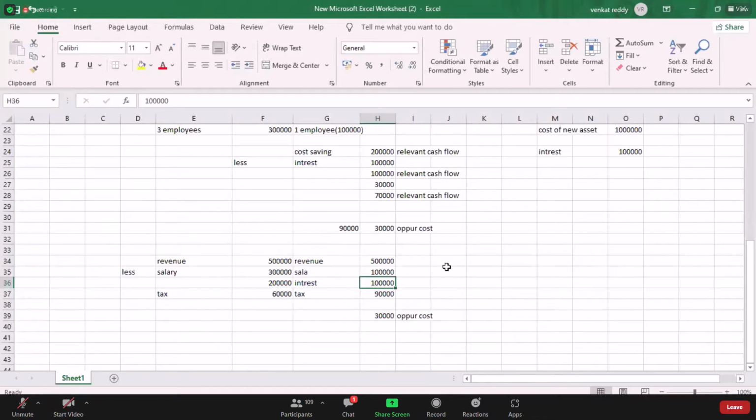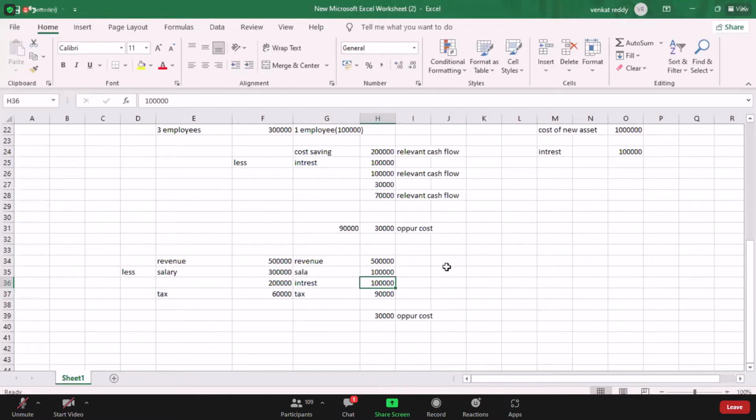But at this particular stage, you need to remember that if there is no information regarding the funding, if you are assuming that the funds are used internally, it means you didn't borrow the money from an external source. In that case, we should not consider the interest for calculating the relevant cash flow. But here I clearly mentioned that the company borrowed the amount of 10 lakhs from a financial institute.